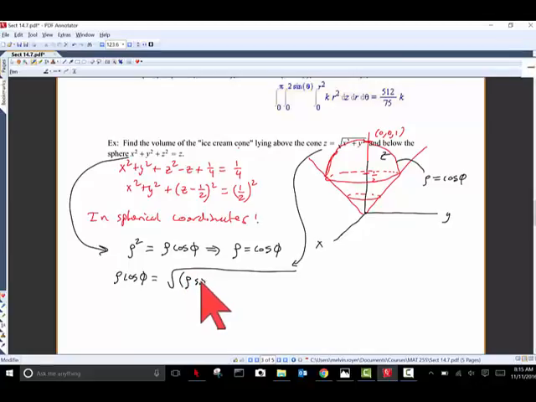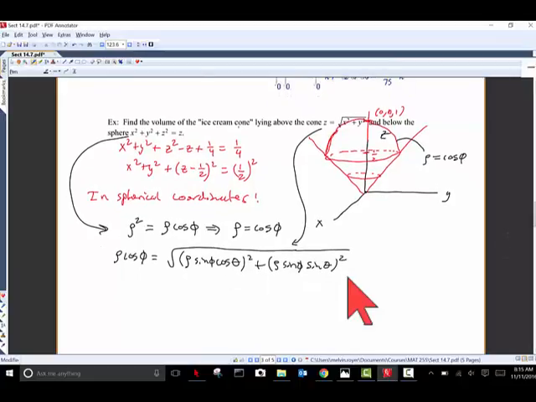Rho sine phi cosine theta is x, and rho sine phi sine theta is y. So it's a bit messy, but then nice things start to happen.